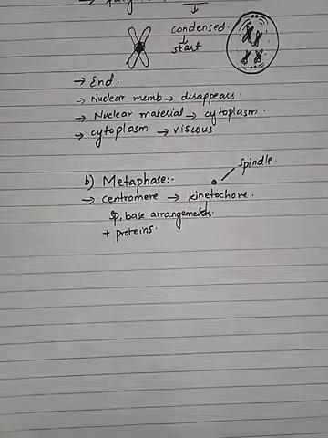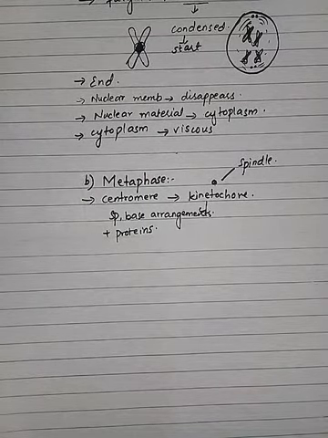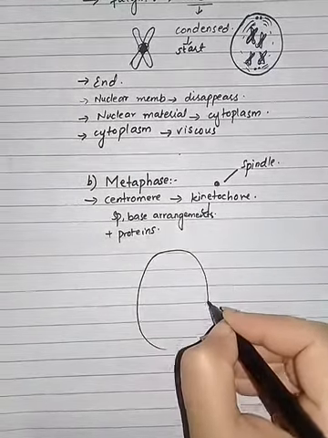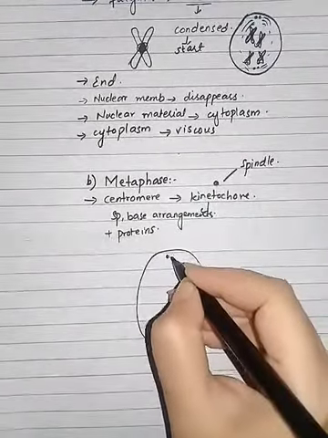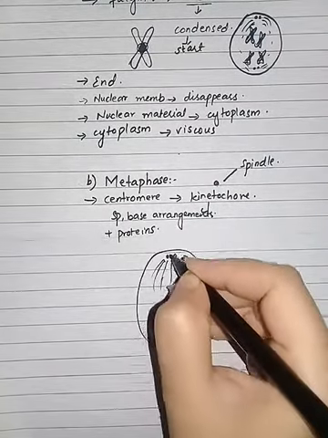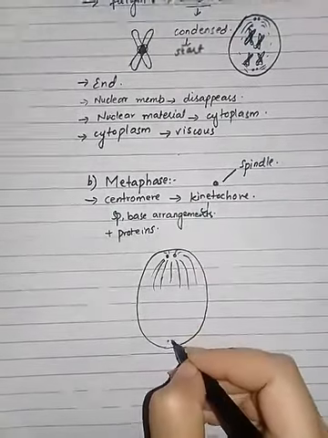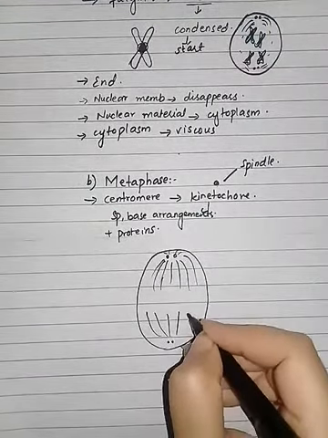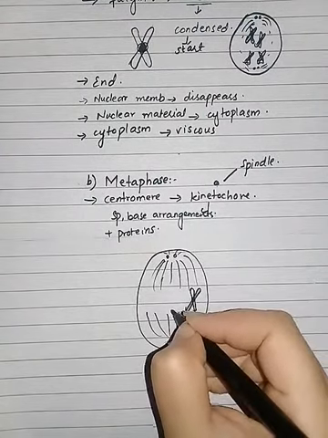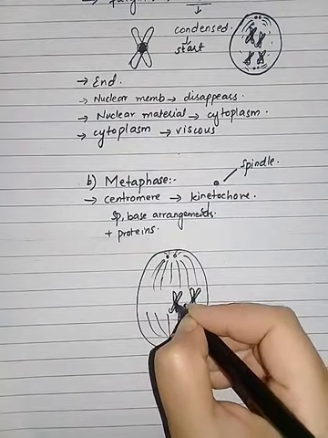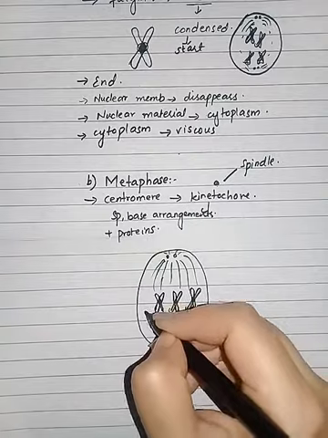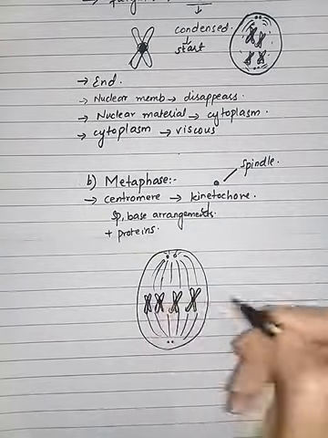Now if we see the diagrammatic view, here the spindle fibers will arrange the chromosomes at the equator of the cell.